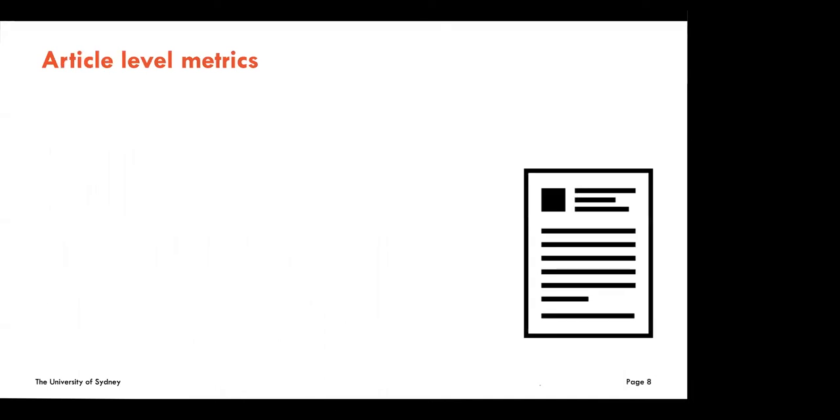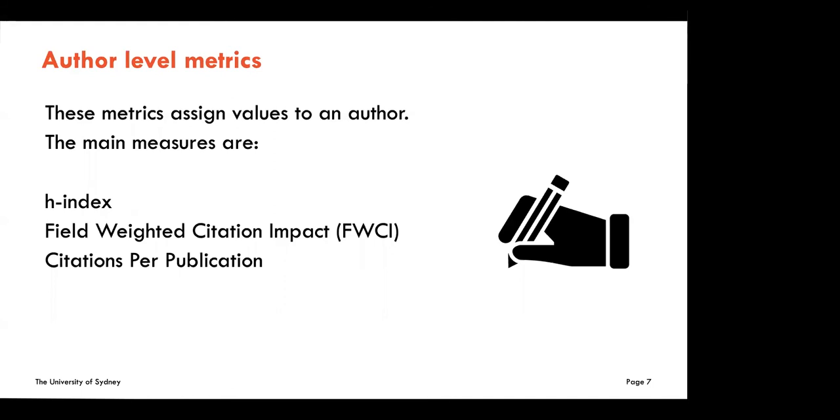Another one that is useful is the outputs in top percentiles in most cited journals. That one is a straightforward metric that draws upon author and journal level metrics and it represents the amount of articles you have that are in the top 1, 5, 10, or 25% of journals in a subject area.